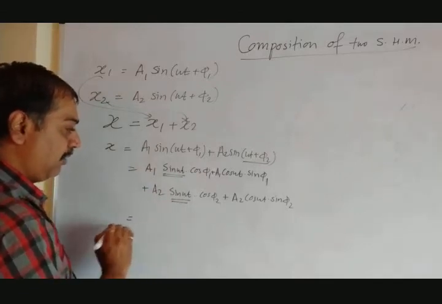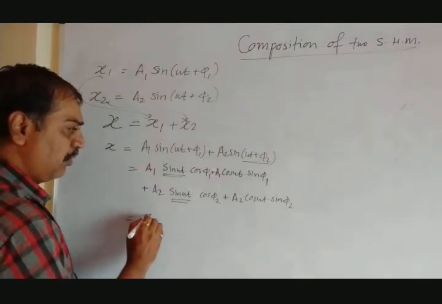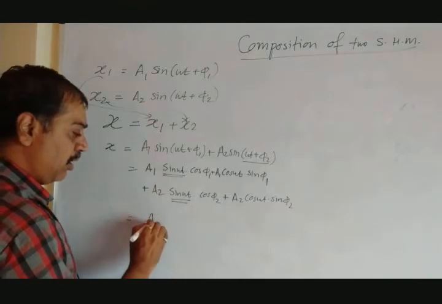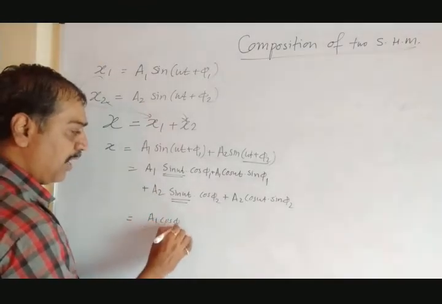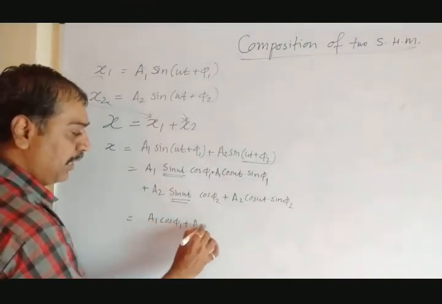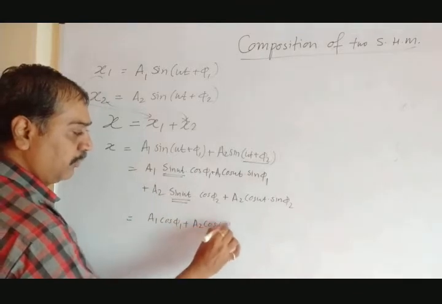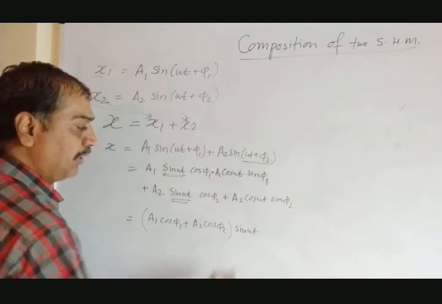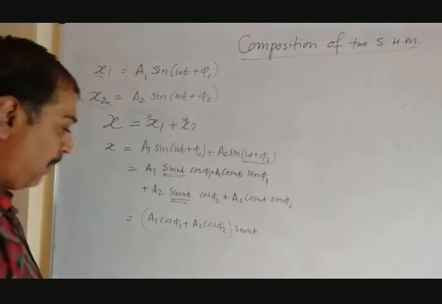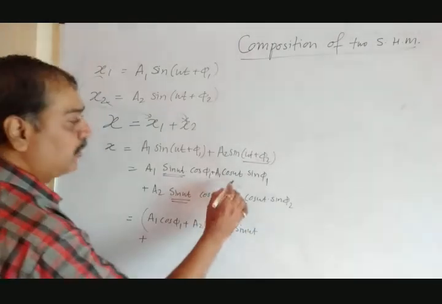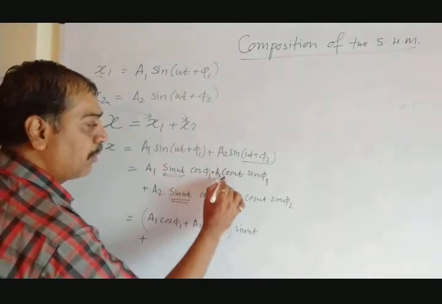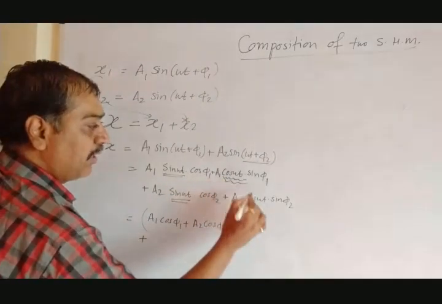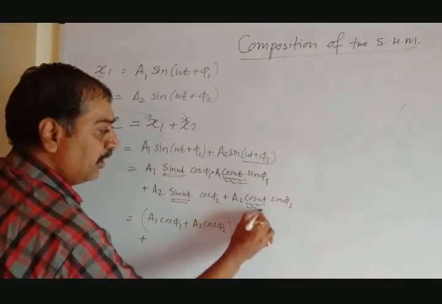We can write sine omega t, taken common, times a1 cos phi 1 plus a2 cos phi 2. The remaining terms are cos omega t, which we take common, times the remaining two terms, and rewrite the equation.